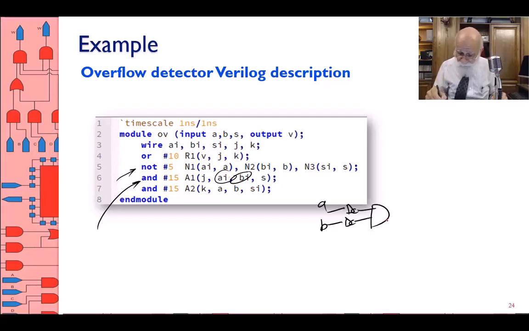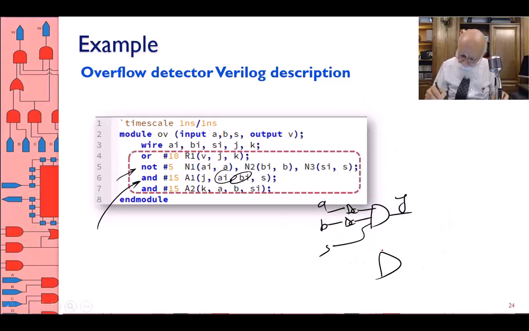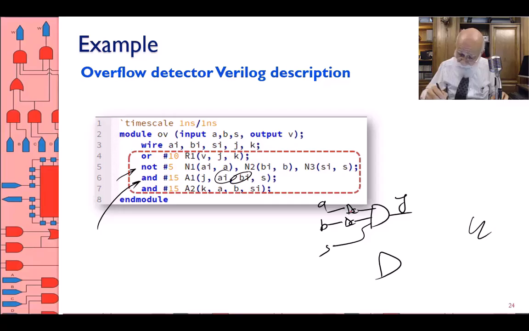And then the S input forming the J down below is another AND gate, and that is A. Okay, another A, B, SI, that is giving me K, and then notice that the OR gate here is J and K ORed together.